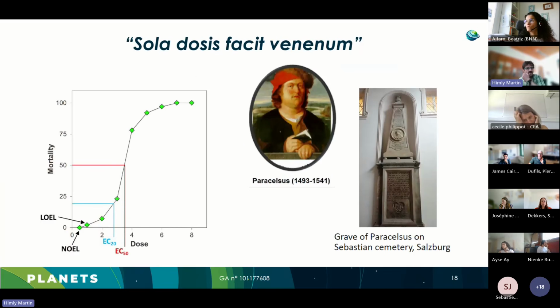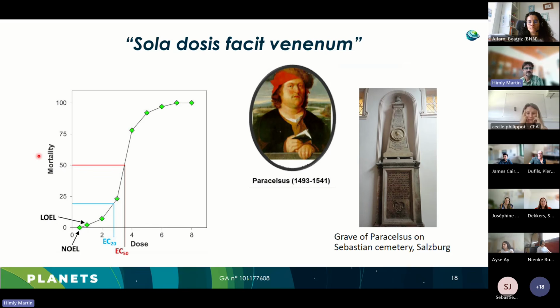Good. Yeah, I mentioned Paracelsus already. He's, by the way, buried in Salzburg. And this is a typical curve. We see here the mortality rate, and here is the dose. We can talk about the lethal dose if the mortality is on the y-axis, but we can also talk about effective concentrations, and a typical value is effective concentration 50, which means 50% of the population is affected by this, which is the fact that you observe.